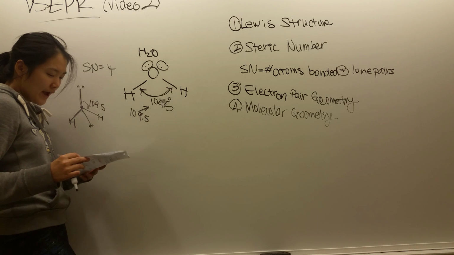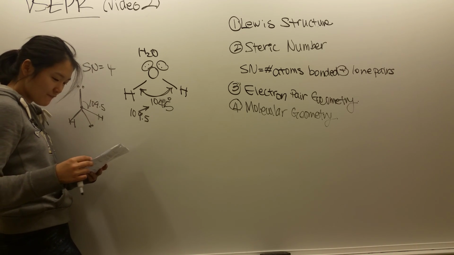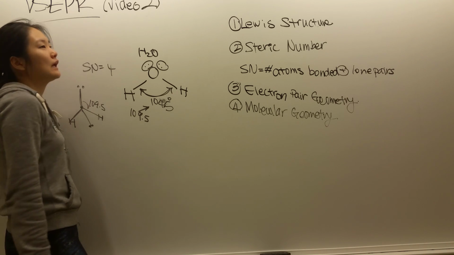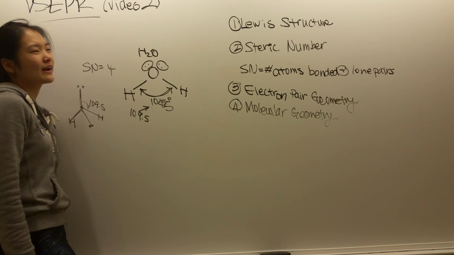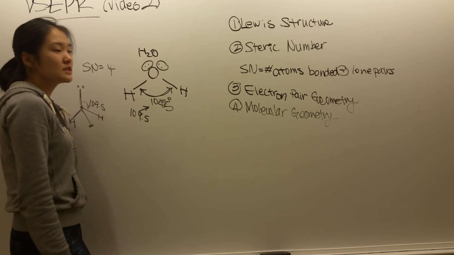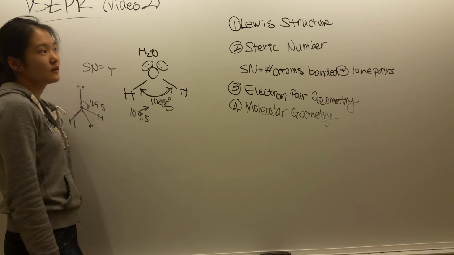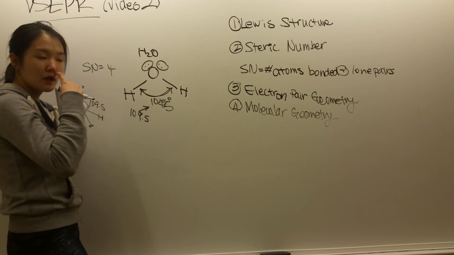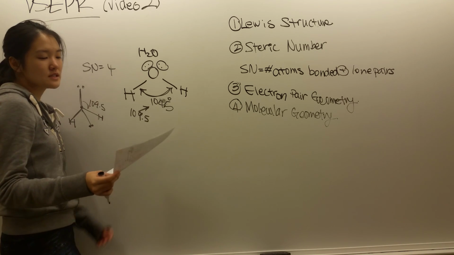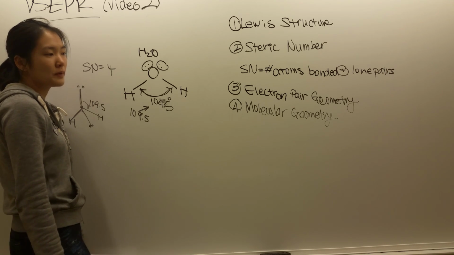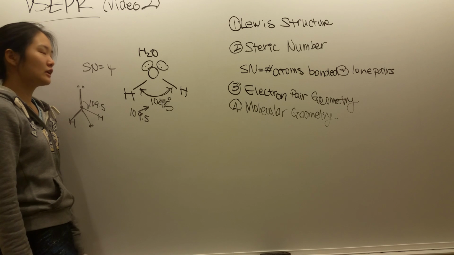So now we're going to get to the specific ones. You know how I gave you those generic electron pair geometries? Now that we're looking at lone pairs as well, we're going to be looking at a lot more instances where it's like, what if this has more lone pairs, or what if it doesn't have any lone pairs at all?